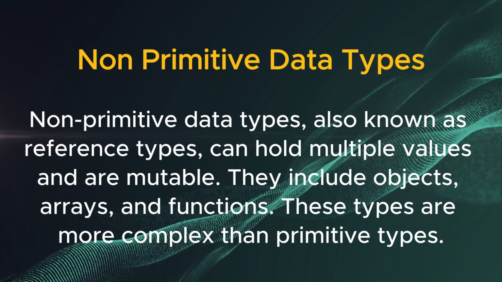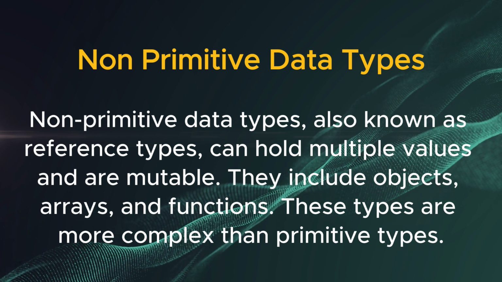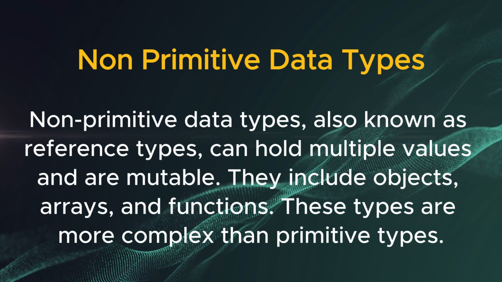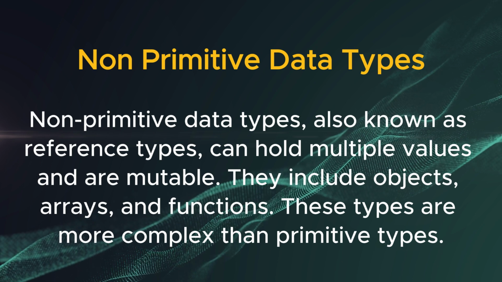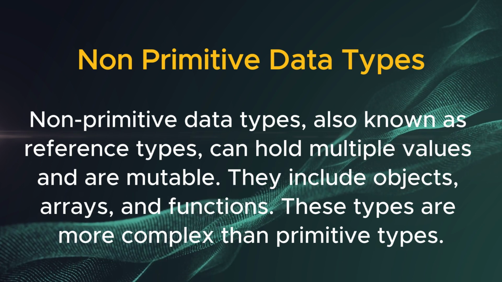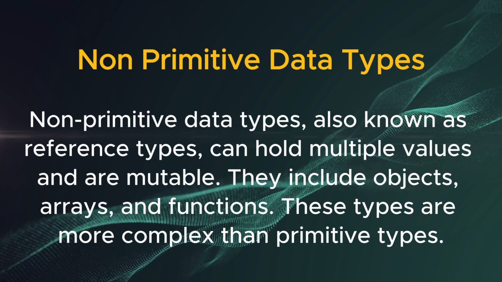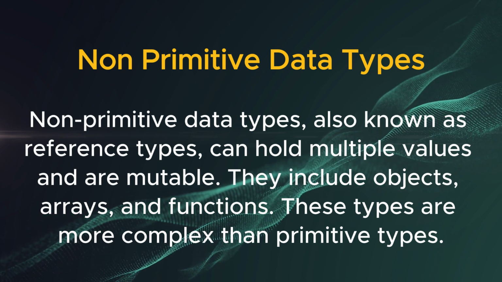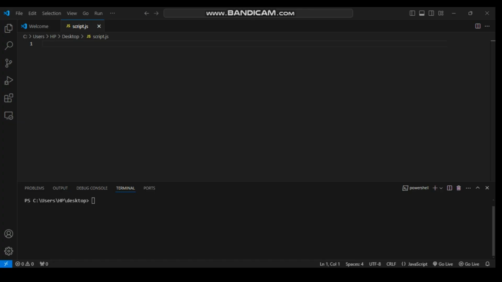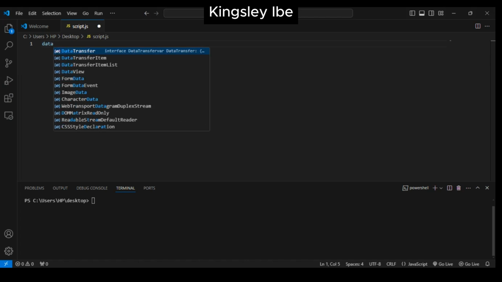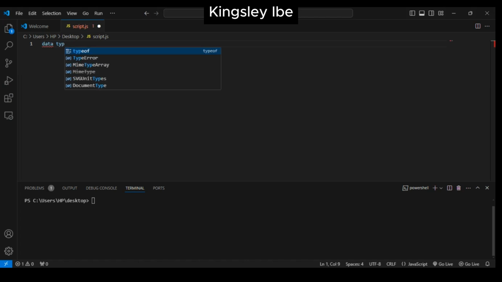The third type of non-primitive data type is functions. Also an object. A function is a reusable block of code designed to perform a specific task. Now let's head over to our VS Code to demonstrate how these data types are used in JavaScript.